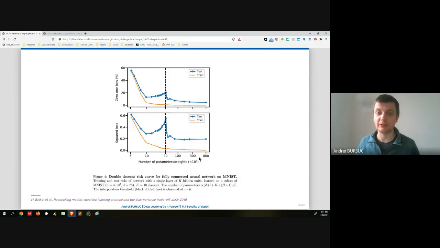And here I'm showing an example from their experiment with MNIST, where they have a fully connected neural network with two losses, a 0-1 loss and a squared loss. This is the train loss that goes down like that. And we see that at some point, at 40,000 neurons, in both cases, they overfit at the critical point, and once we go to bigger capacity from there, the test loss goes back down again, and as you can see, it's better than the minimum we had before.